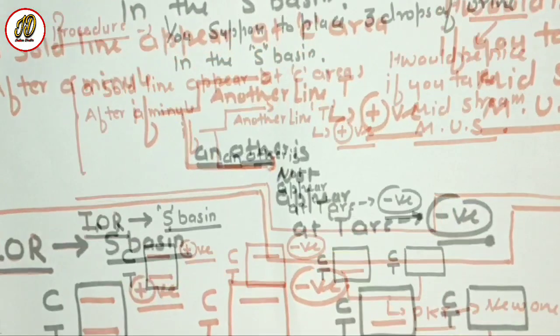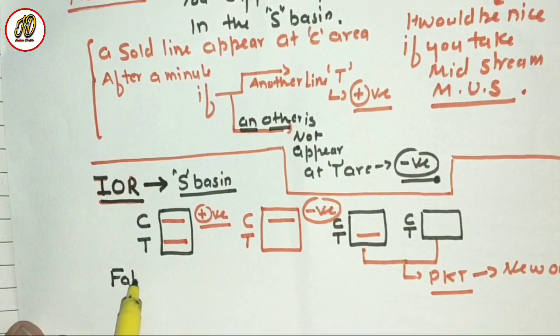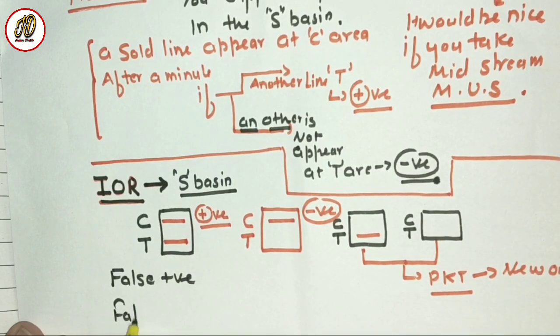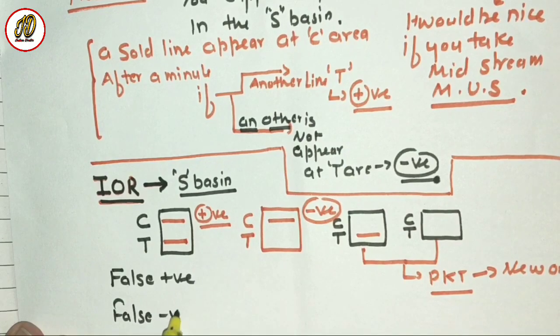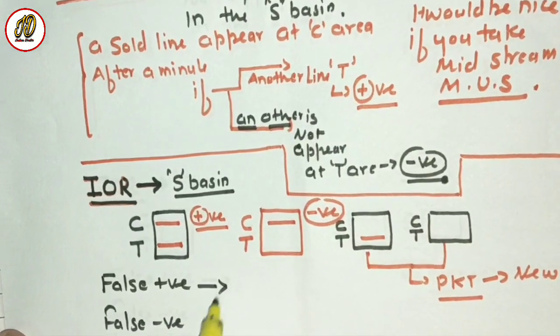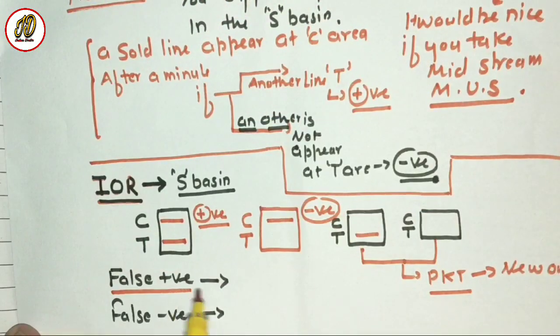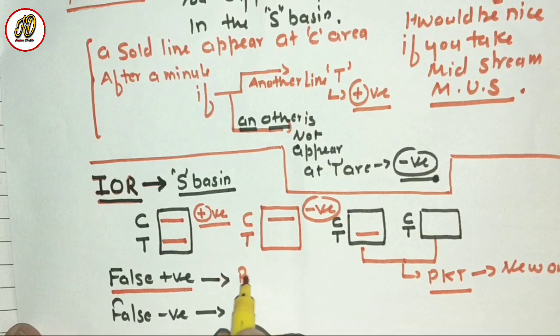Let's talk about false positive and false negative results. False positive is the case when the patient is not pregnant but the pregnancy test shows a positive result.